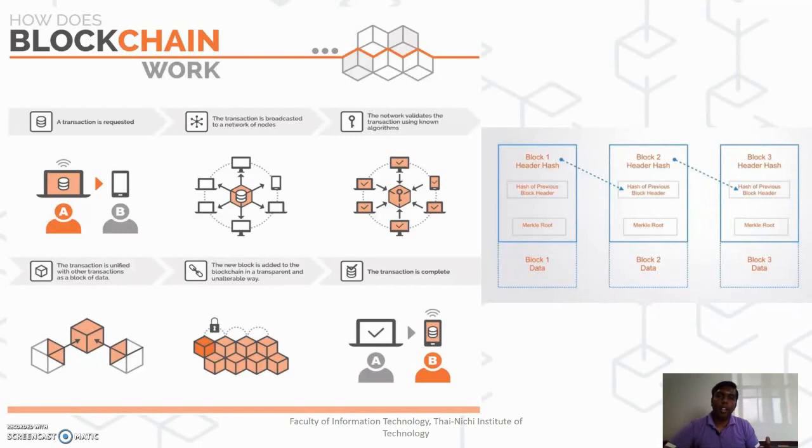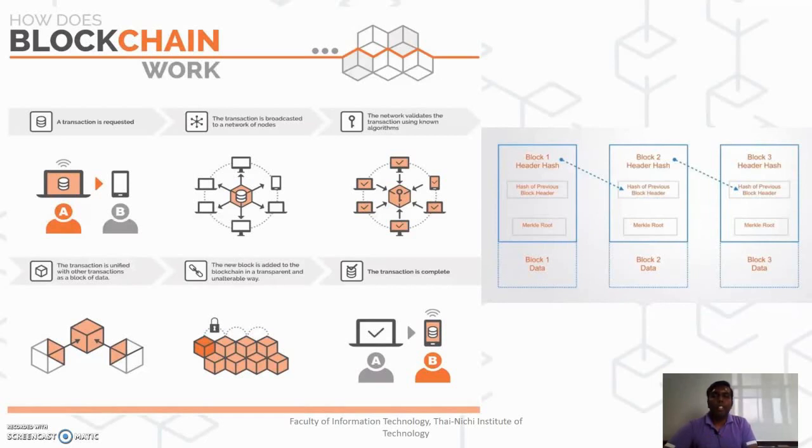Those peers verify whether the transaction is genuine or authentic, and based on a voting mechanism, what we call a consensus mechanism, they validate whether that transaction should be included into the blockchain or not, and then it is included into the blockchain.